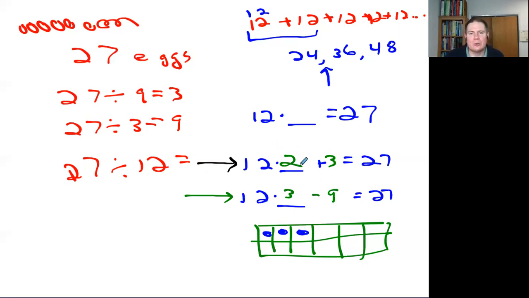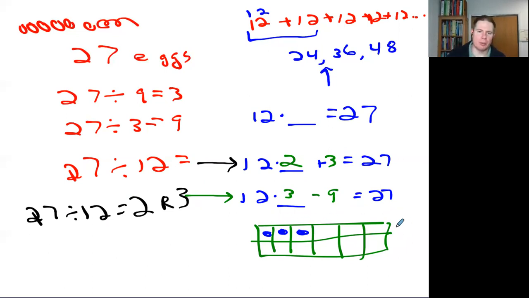I can only sell 2 dozen. My quotient is going to be 2, and then this 3 is left over. It remains on the side of the sink in this half empty, well, 3/4 empty carton, waiting for the next day when my chickens will lay more eggs, and then I'll be able to fill it in, right?